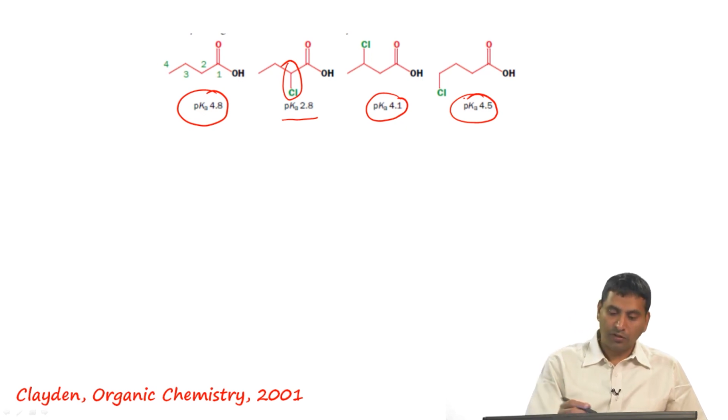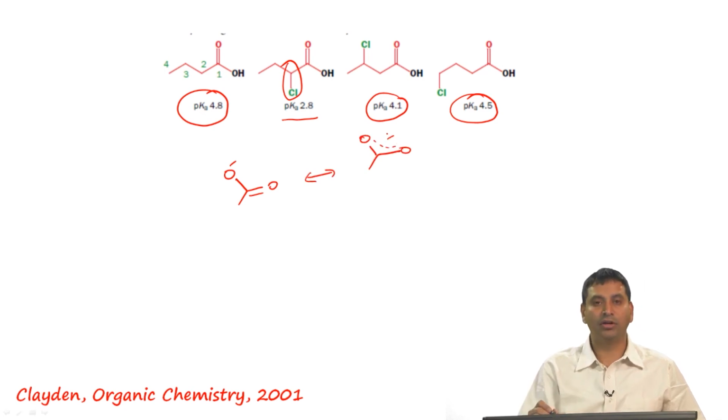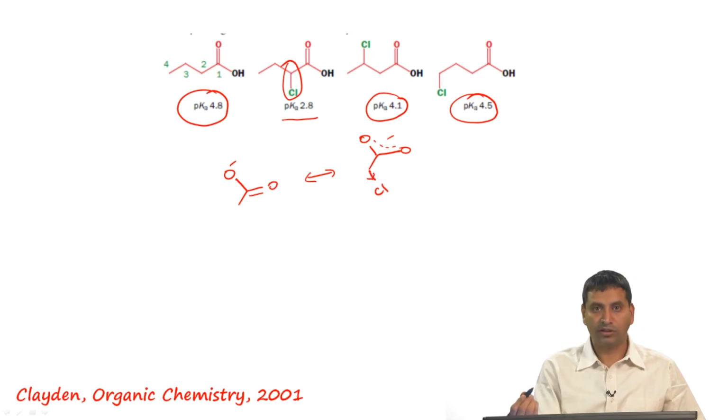functional group. So, the way we understand this again is to look at how delocalization occurs. So, as we discussed earlier, this can be a resonance hybrid, and in this resonance hybrid, once you have an electron withdrawing chloro, it is going to pull electrons towards itself, being an electronegative atom, and therefore, this will be more stable when compared with the parent. Okay.